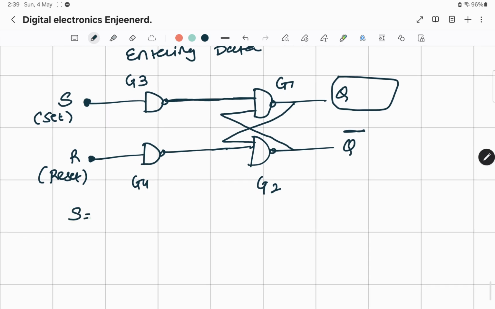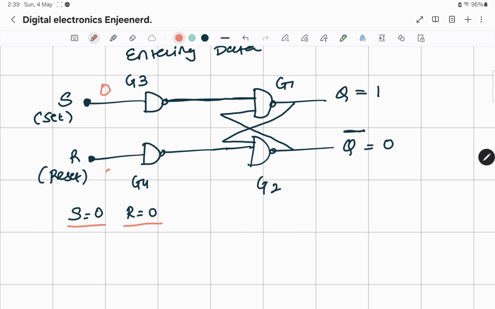The first combination is S equal to 0 and R equal to 0. For this, we will assume some initial output of Q and Q bar. Let us assume Q is equal to 1 and Q bar is equal to 0, because this is the complement of Q. Now we are entering this new data, S equal to 0 and R equal to 0.